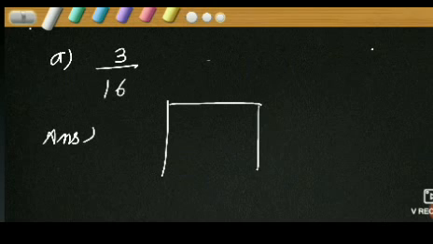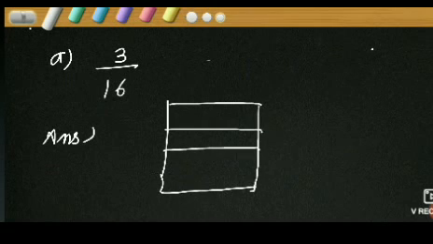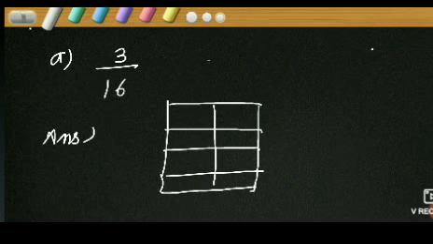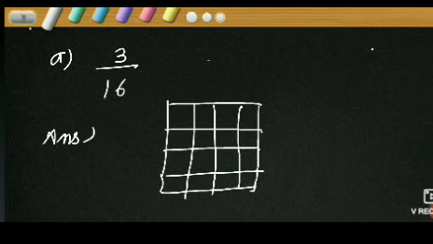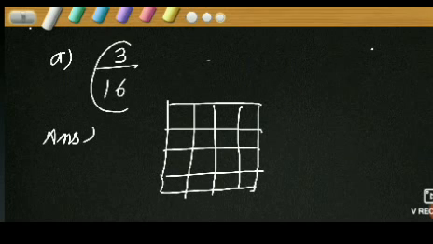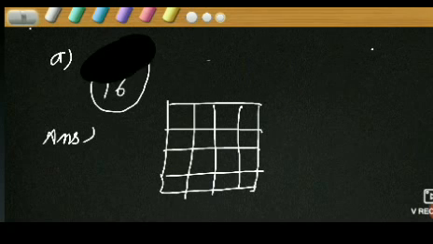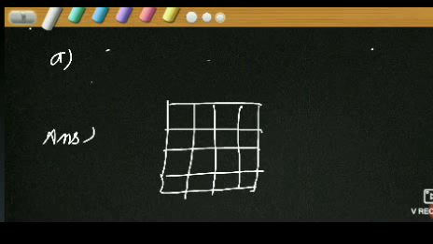So in the figure, how many boxes have to be shaded? The given figure is the same for all questions. For indicating the fraction 3 by 16, how many boxes have to be shaded?